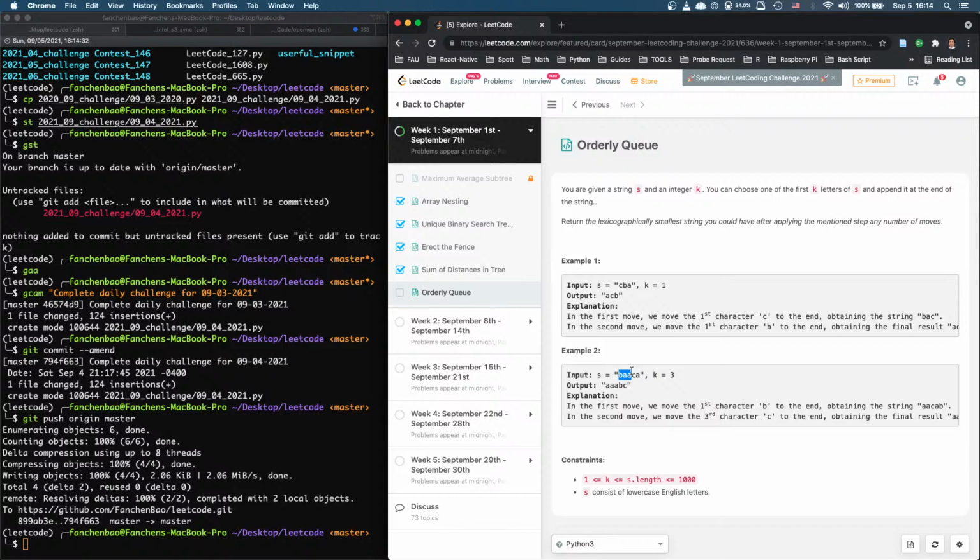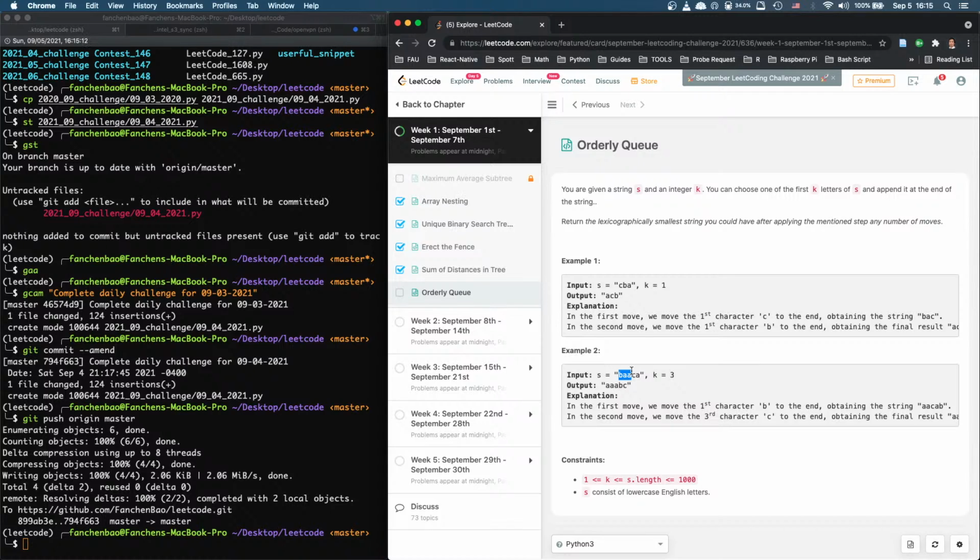Are you telling me that the relative order among the letters cannot be changed? Let's think it through. Well, it cannot be changed if I move something from front to the back, that's changed. But if I move again, then we change it back, right? So that means no matter how many moves, what we want to do and what we can do is to stack the smallest to the front.